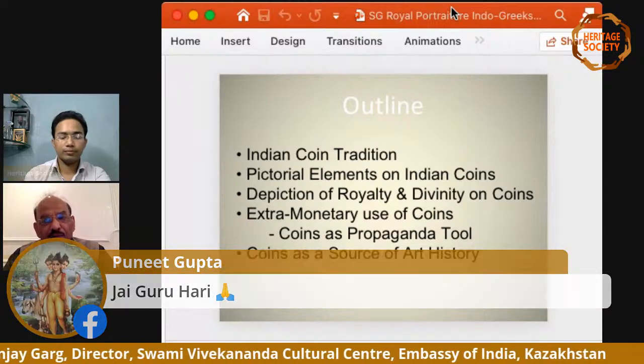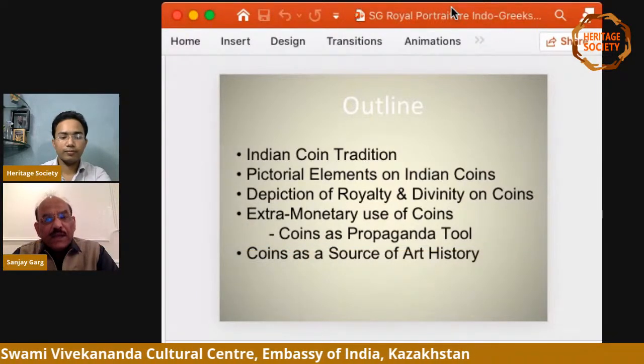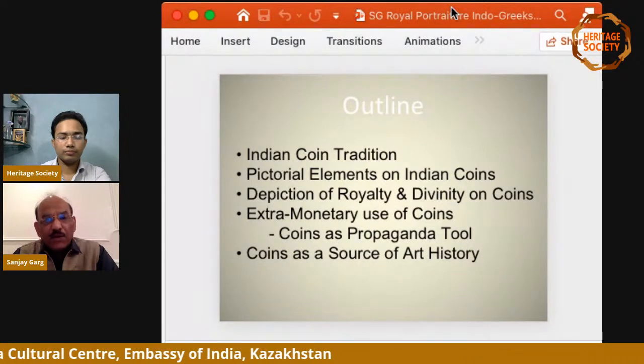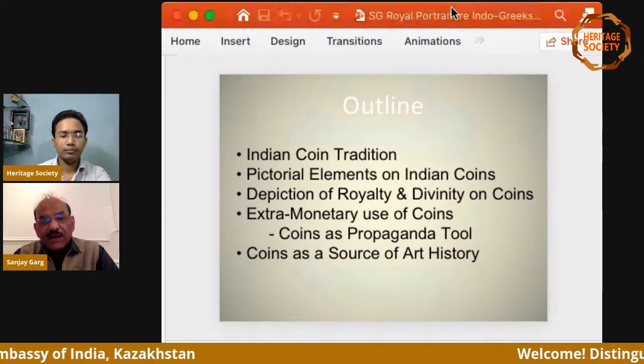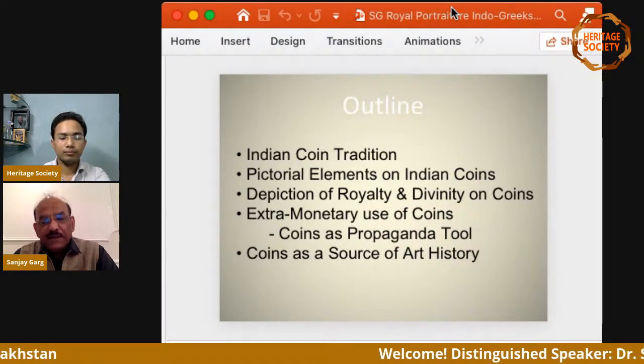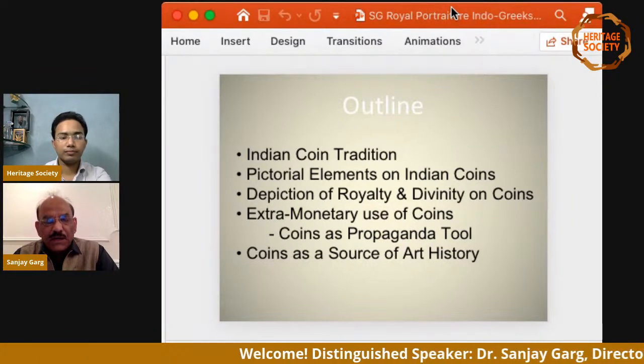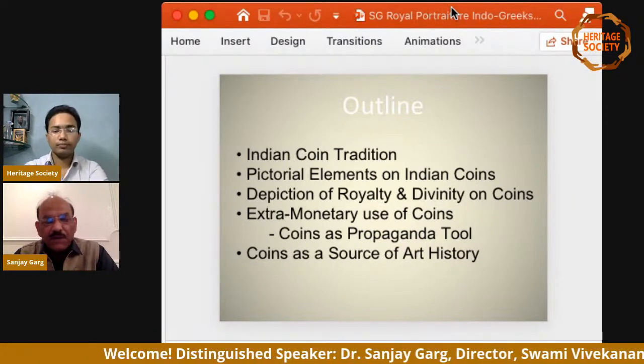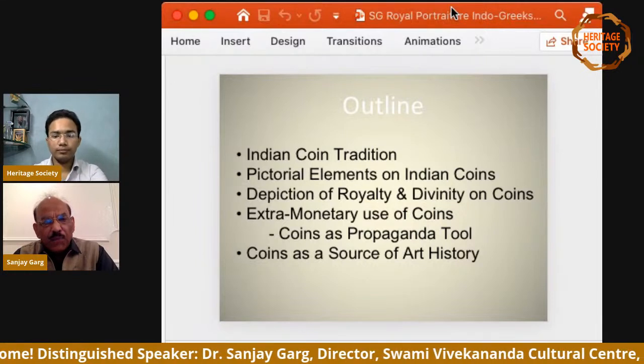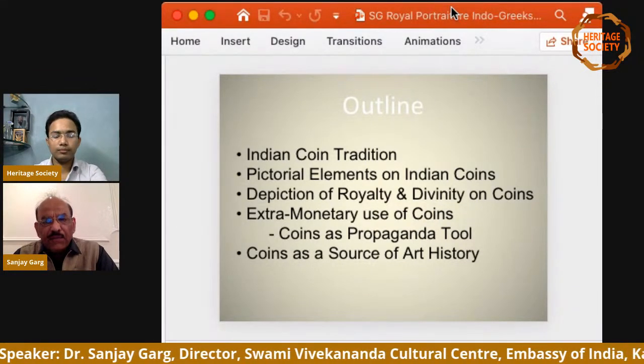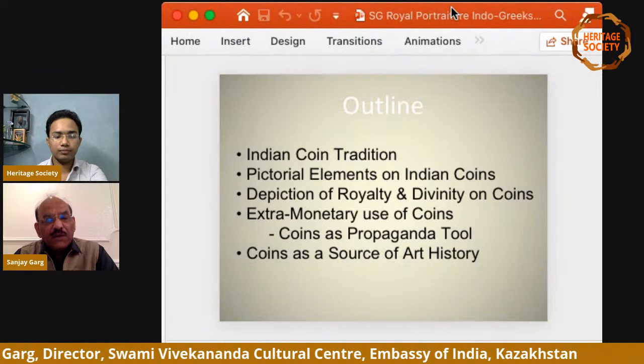Also, the depiction of royalty and divinity, like in Hellenistic culture, and how they were reflected or copied when the Greek rulers came to rule this part of the world. And very importantly, what the extra monetary uses of the coins are.